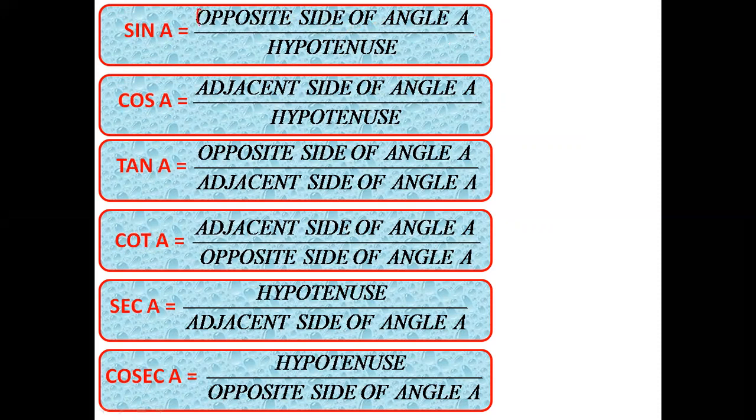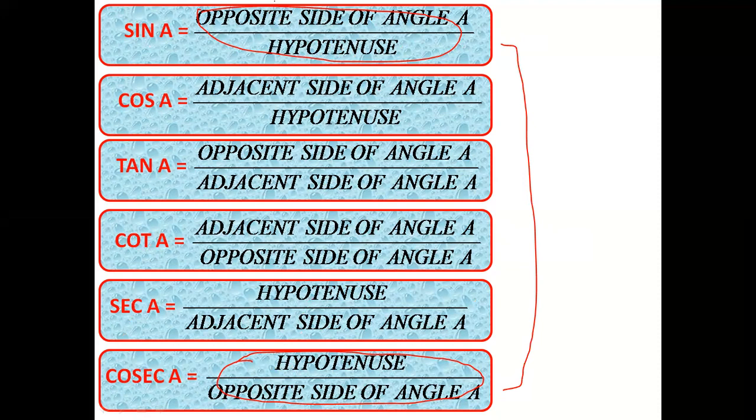If we reverse this ratio, we get hypotenuse by opposite side, which is the last one, cosec A. If we reverse the ratio of cosec A, we get sine.